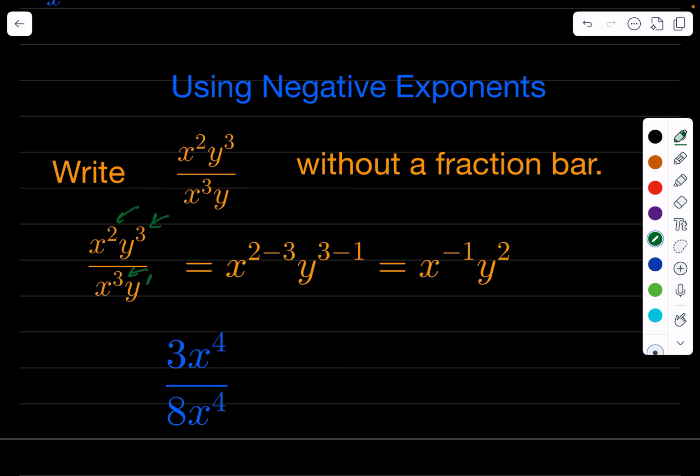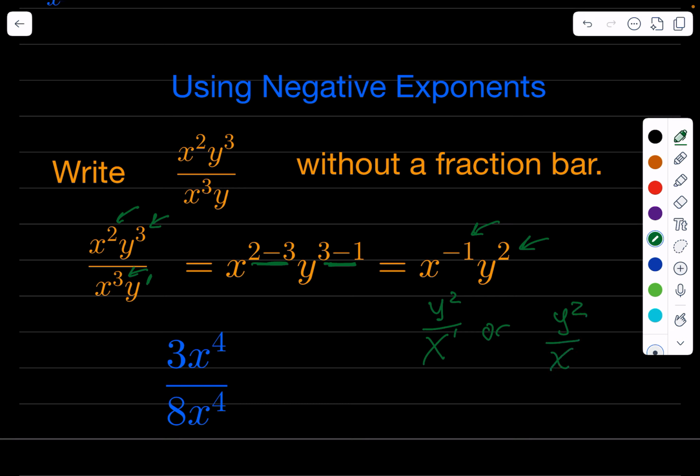So let's set up our problem. x to the 2 minus 3, y to the 3 minus 1. 2 minus 3 is negative 1. 3 minus 1 is 2. So when I simplify this, I'm going to get y squared over x to the 1, or y squared over x.